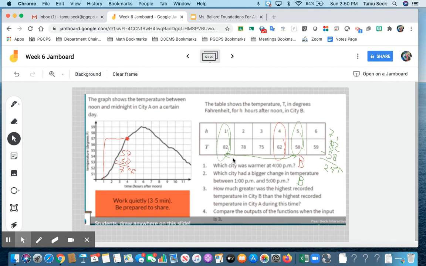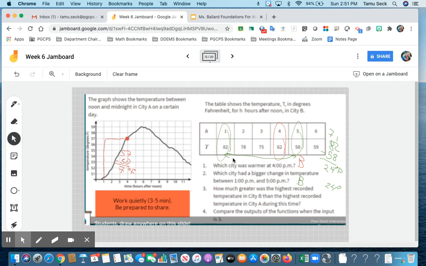How much greater was the highest recorded temperature in city B than the highest recorded temperature in city A during this time? So how much greater? Well, we're talking about 24 degrees, but it was negative.